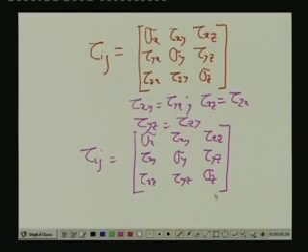So, it reduces to the 6 stress components sigma x, sigma y, sigma z and tau x y, tau x z, tau y z, and this we find is symmetrical in nature. So, the stress tensor has a symmetric form.